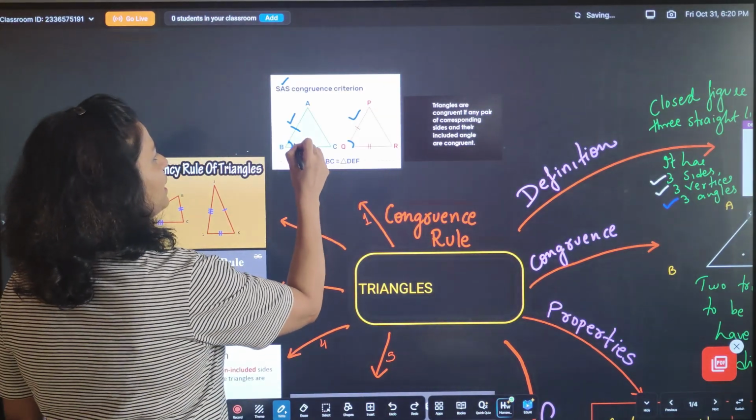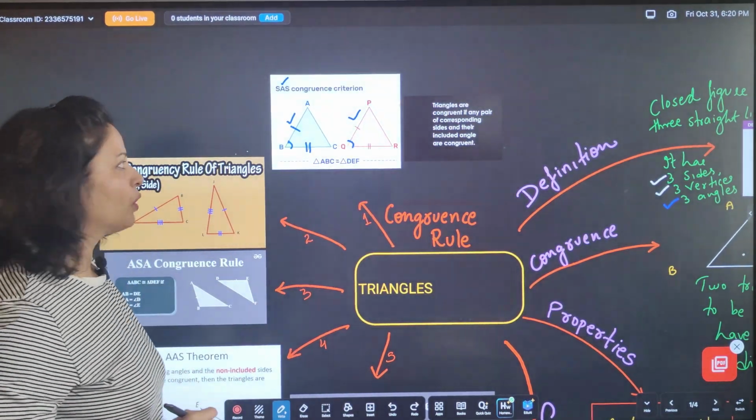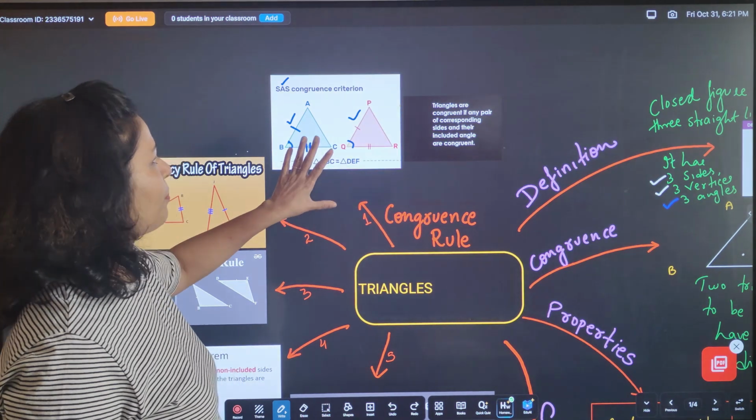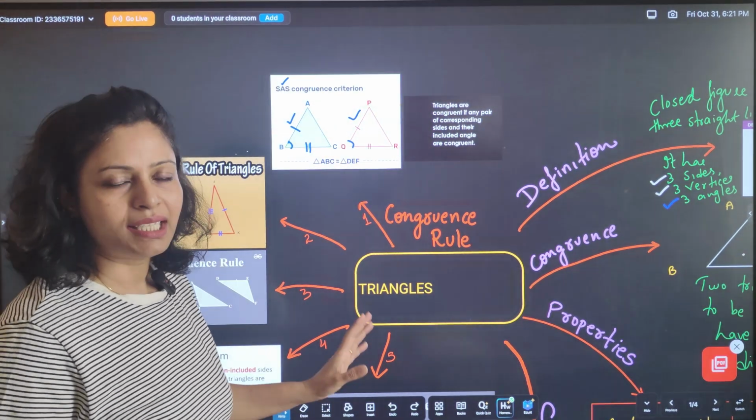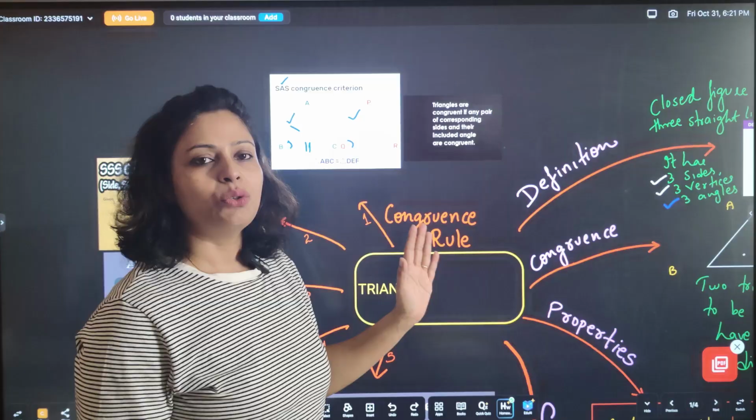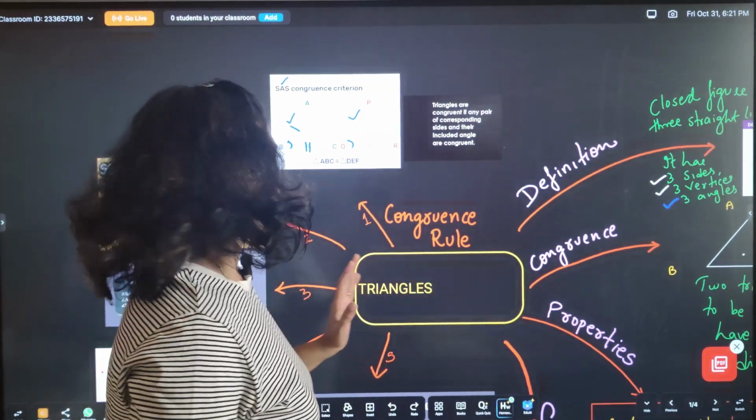So this makes side angle side. The SAS congruence rule is applied when two sides and the included angle are equal to the two sides and the included angle of another triangle.